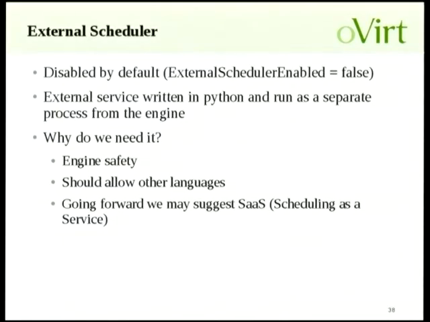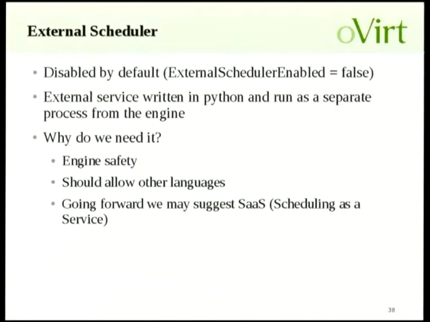Okay, let's talk about how it's implemented in the back. It's disabled by default. Whoever wants to extend and add filters should know how to install the external scheduler. The external scheduler is a separate process written in Python.